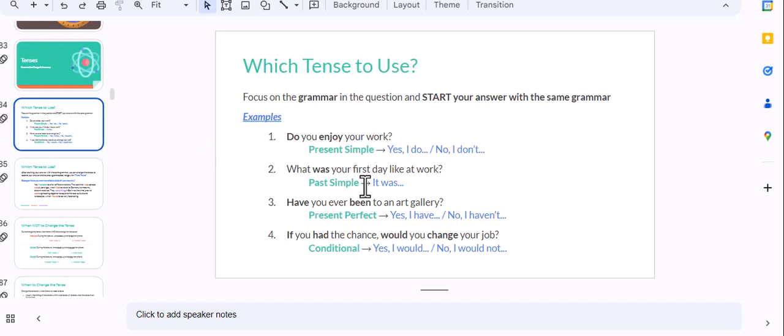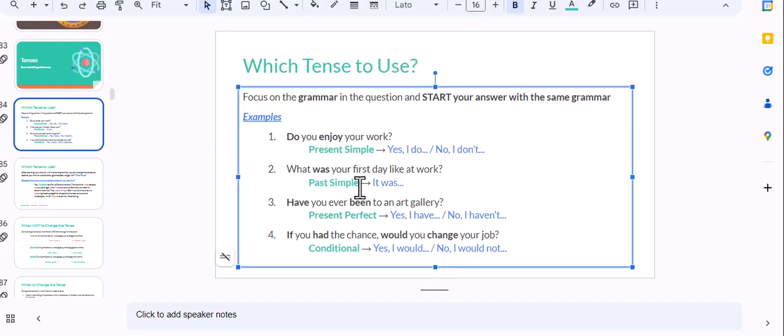Okay, let's move on to the next example. In this case, we're using the past simple. So let's read this question. What was your first day like at work? So here we have a question in the past simple, and your answer uses the same tense.